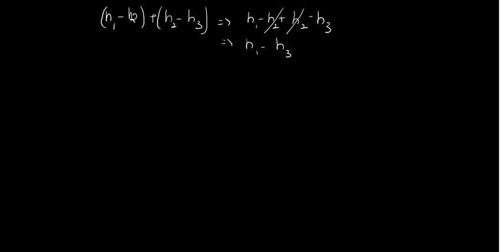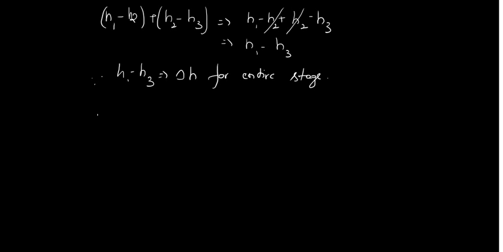Right? Since H1 minus H3 is the delta H for the entire stage. Now I can add these two. Then finally I can get the relation for the enthalpy drop for the entire stage, right?